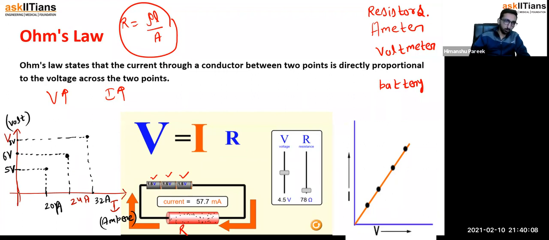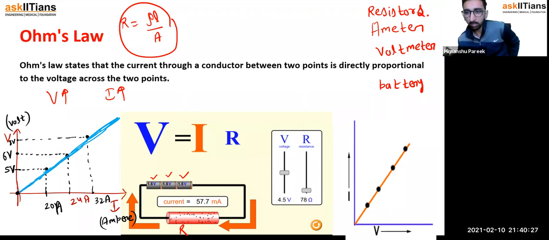So when we connect all these coordinates, what I'll be getting is a straight line graph. Okay, so the straight line behavior we are getting when we join all these points. So when the straight line behavior is coming, we will make some observations that V is proportional to I here.